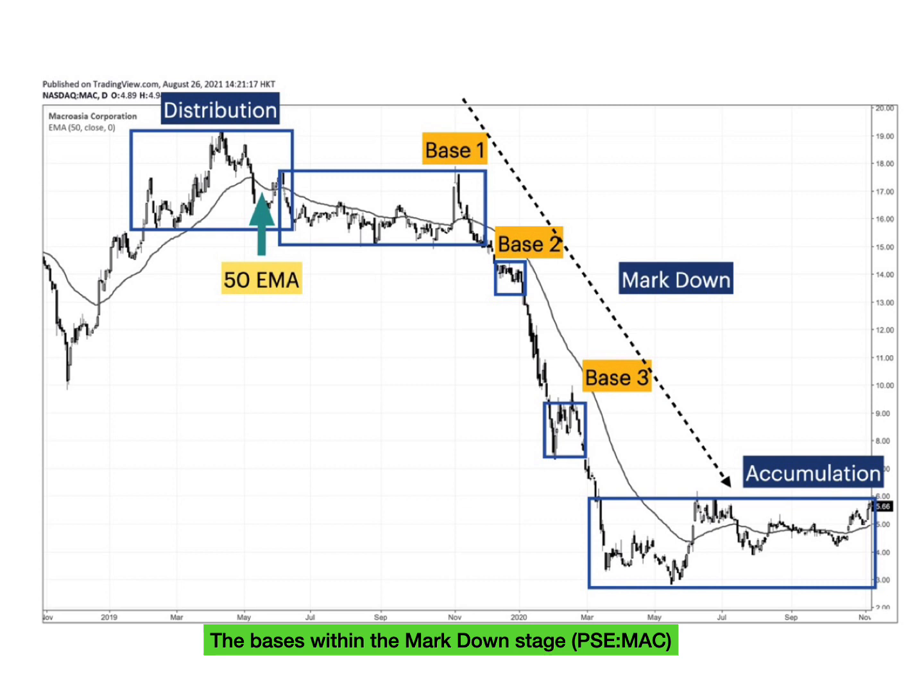It has to consolidate sideways before resuming its trend. So this shows 3 bases on the way down and then an accumulation after base 3. So in base 4, the market started accumulating shares once again. So this begins another cycle for Macro Asia Corporation.